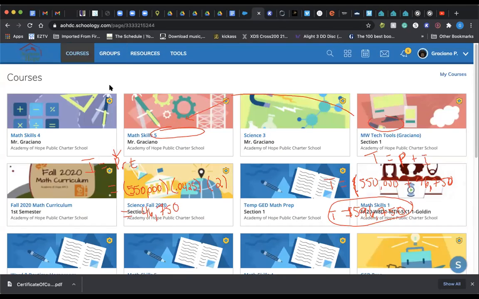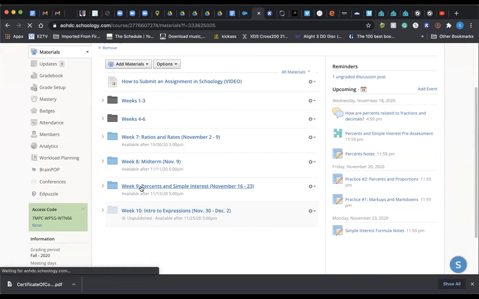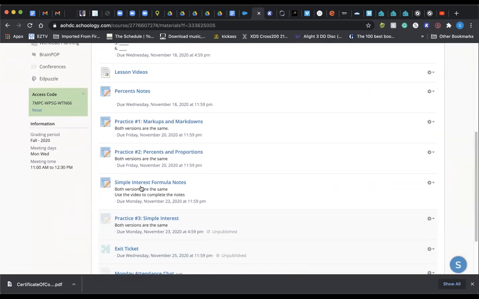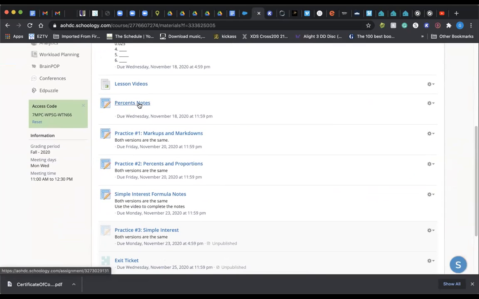So in your week 9 folder, practice number 1 or practice number 2 by 3 o'clock tomorrow. Okay, if you're watching this recording back, make sure you do the percent notes and practice number 1 or practice number 2 by 3 o'clock tomorrow.